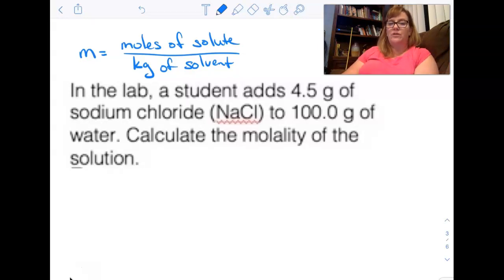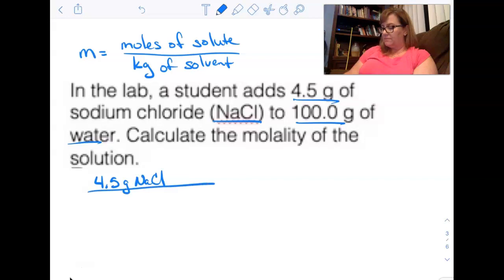Well, 4.5 grams of sodium chloride compared to 100 grams of water. Remember, water is always the universal solvent. So we know sodium chloride is the solute. We've got to find out how many moles that is. So we have 4.5 grams of sodium chloride, 1 mole. This is going to equal, sodium is 23, I believe.